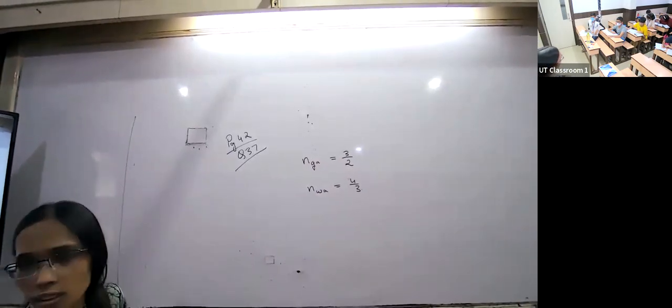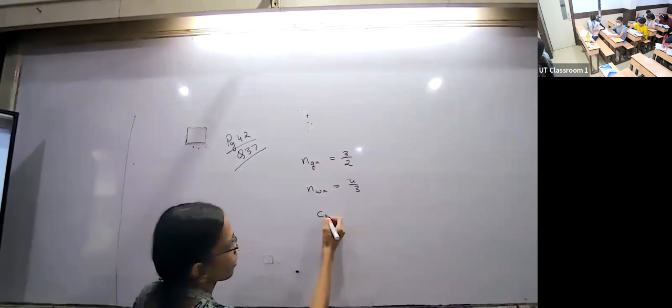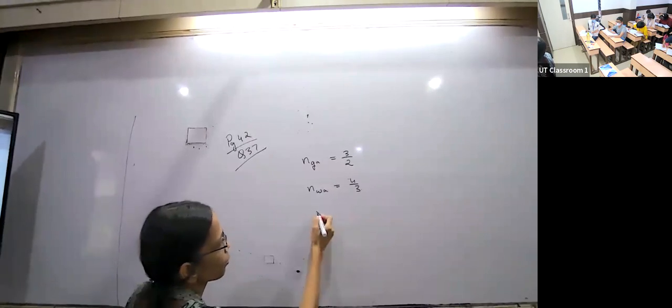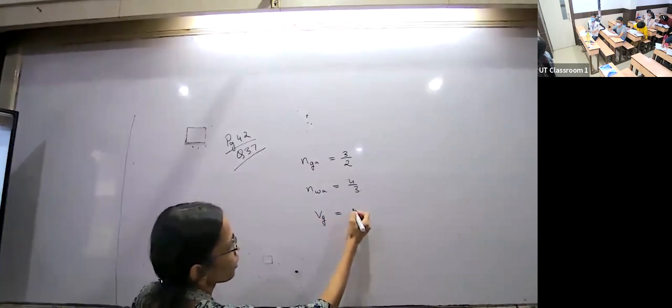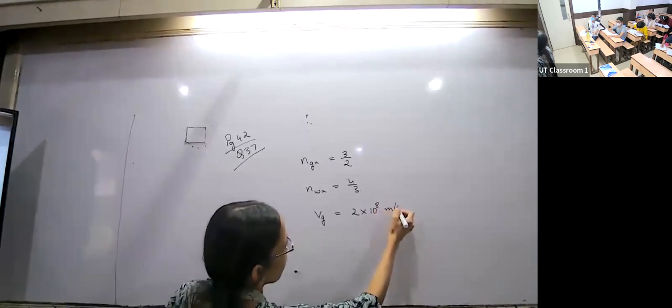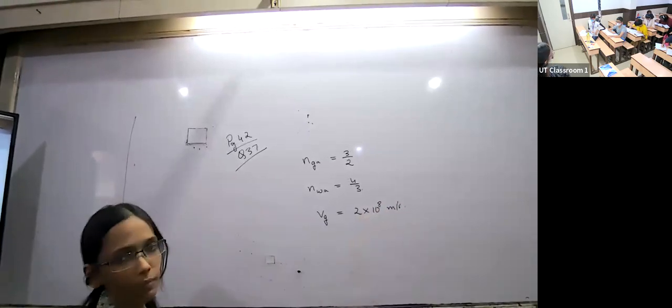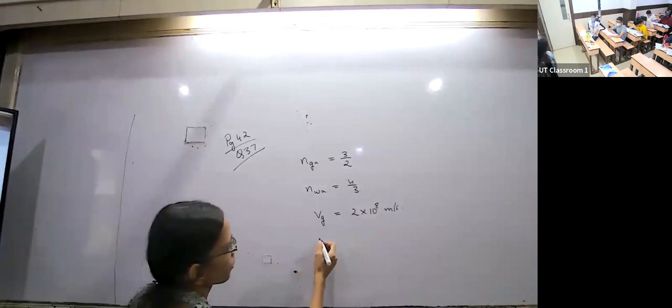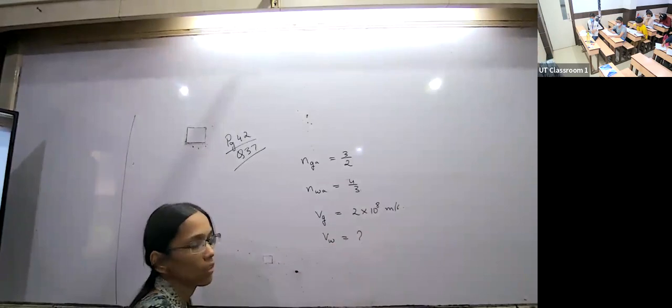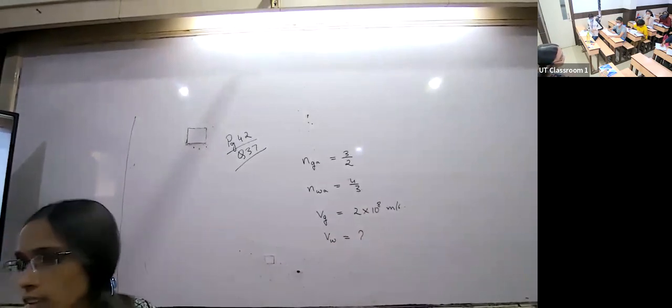Speed of light in glass is 2 into 10 raised to 8 meter per second. And find the speed of light in water.